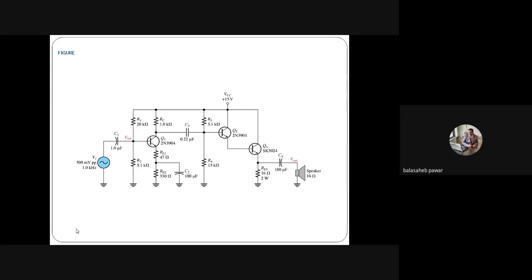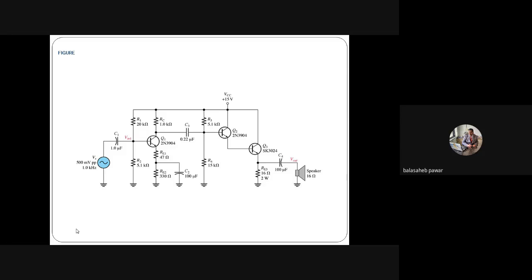We can easily identify where Q2 is biased by the same procedure: we remove capacitor C3, turn on the power supply, and measure the voltage across Q2, that is, collector with respect to emitter, using a DMM. If it reads 7.5 volts, then we can say that transistor Q2 is biased exactly at the center of the load line. The same thing we can do for Q3 also.